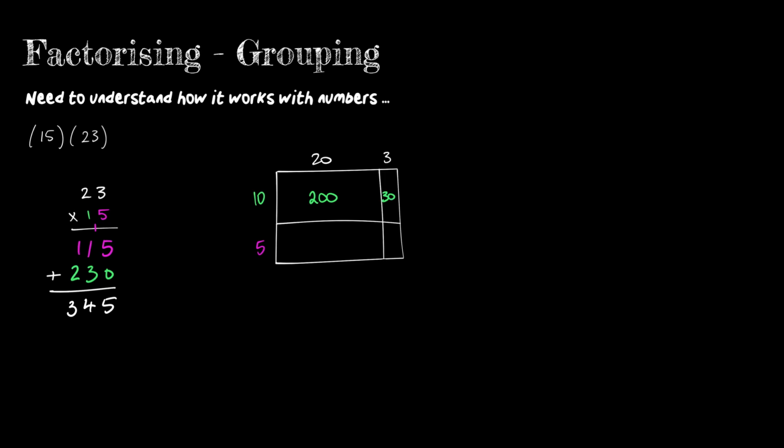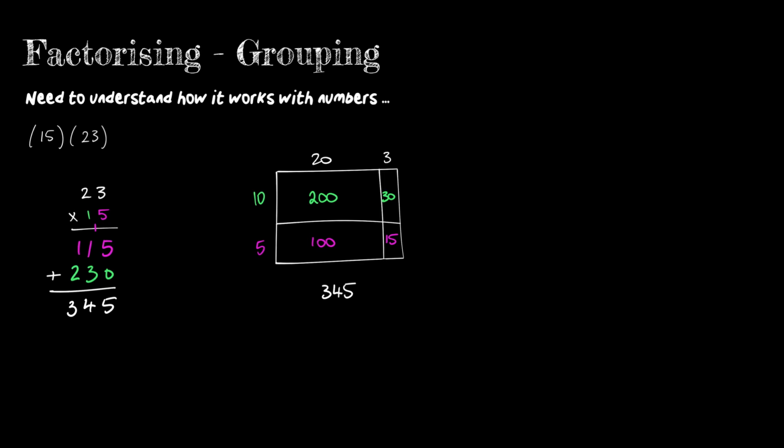And down here you can see 5 by 20 will give me 100. And 5 by 3 will give me 15. If I add all of them together, I get 200 plus 100 is 300. 300 plus 30 is 330. 330 plus 15 is 345.